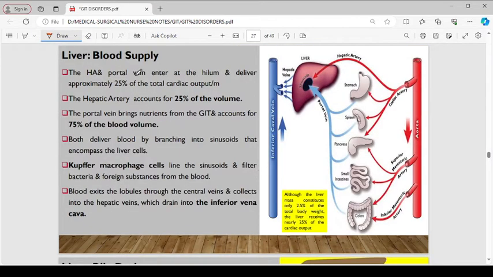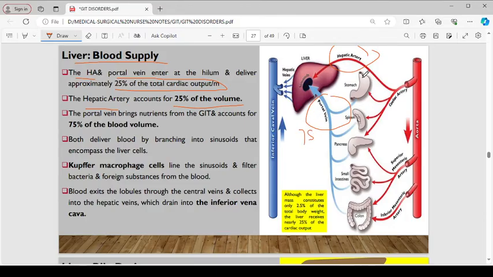Okay. In terms of blood supply, we have the hepatic artery and the portal vein that will be entering at the hilum and deliver approximately 25% of total cardiac output per minute. So the hepatic artery will account for about 25% of the volume, while the portal vein will account for 75%, right?